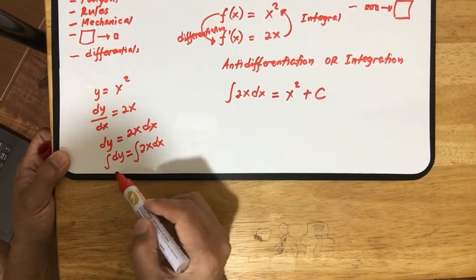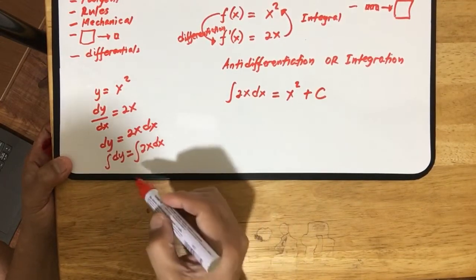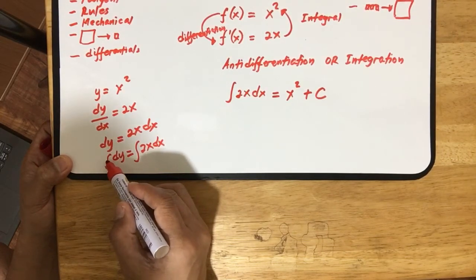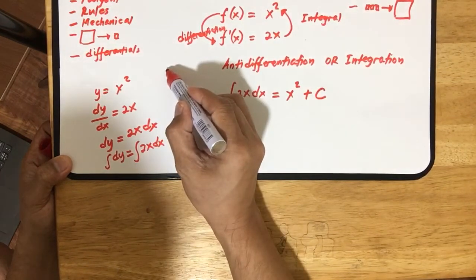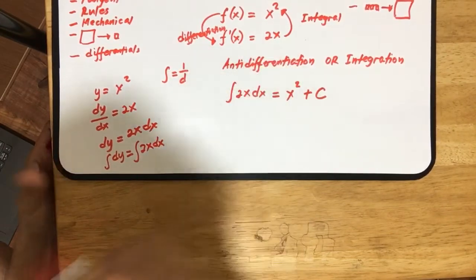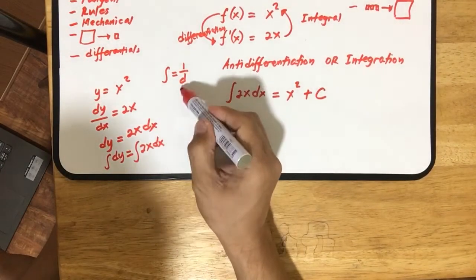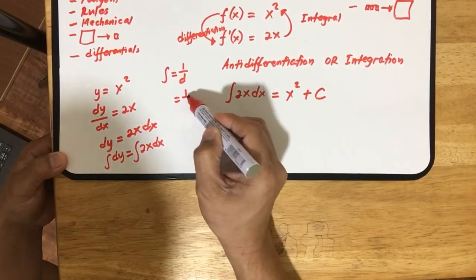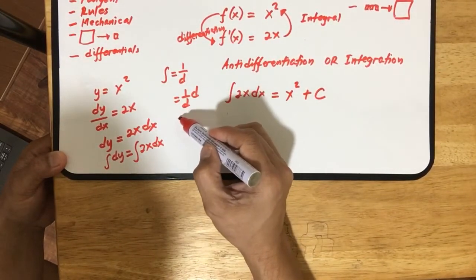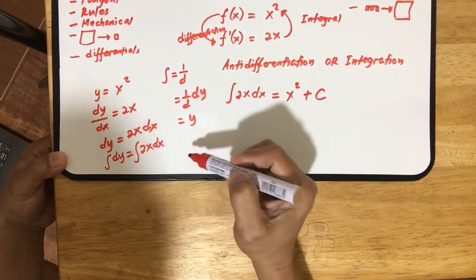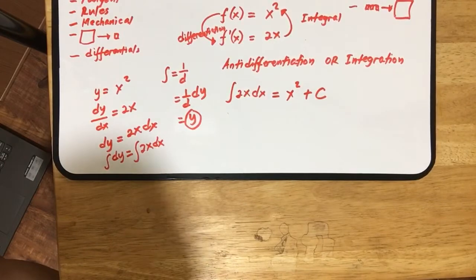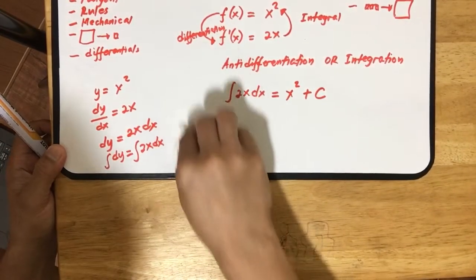So it's like it cancels out the d, because it is like 1 over something, and you have y here. So what remains is y.